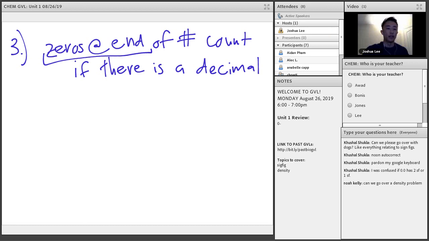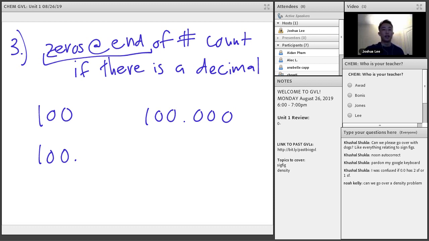If you think about it, 100 versus 100 point versus 100.000, and then versus 0.01 0 1 2 3 0 0. All right.